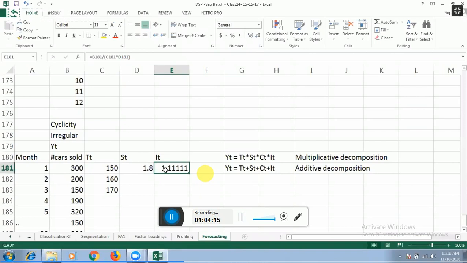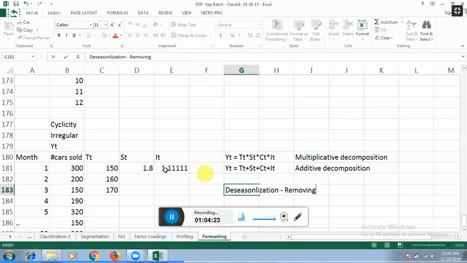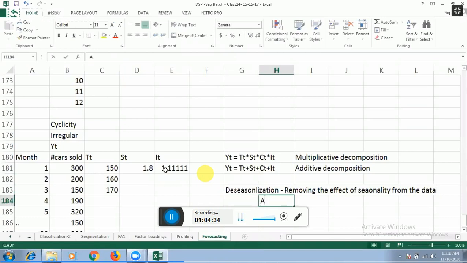That is deseasonalization. What is deseasonalization? Removing the effect of seasonality from the data. This is what we call deseasonalization or adjusting seasonality.